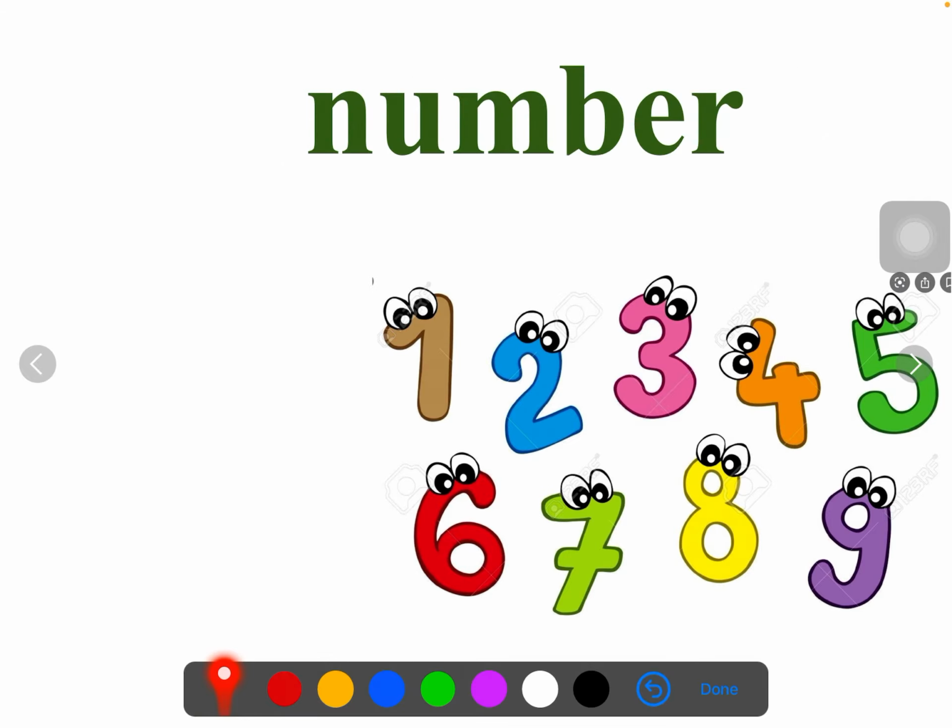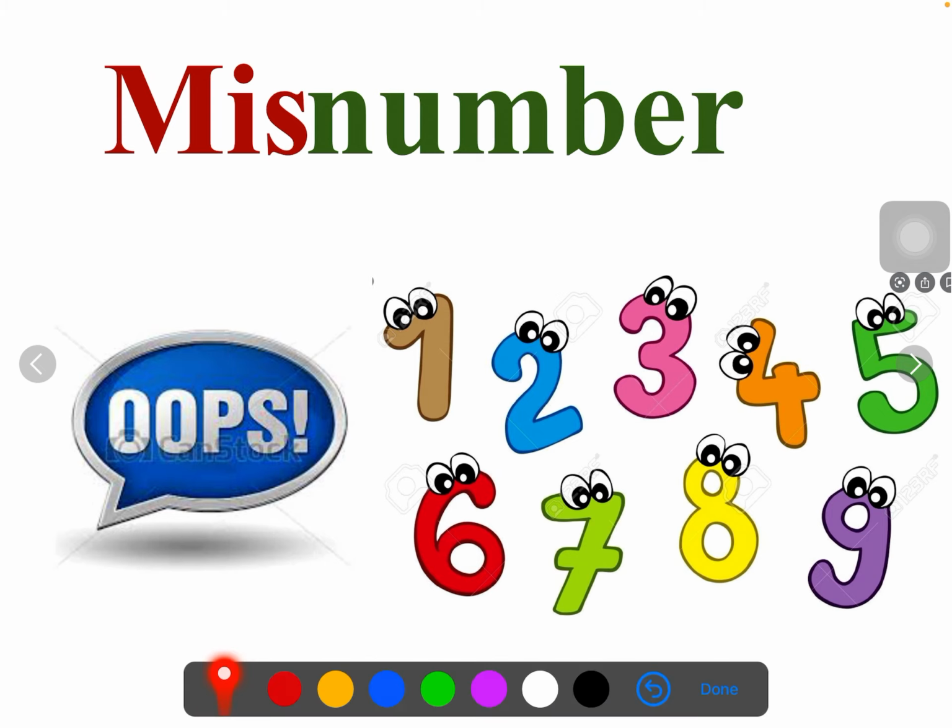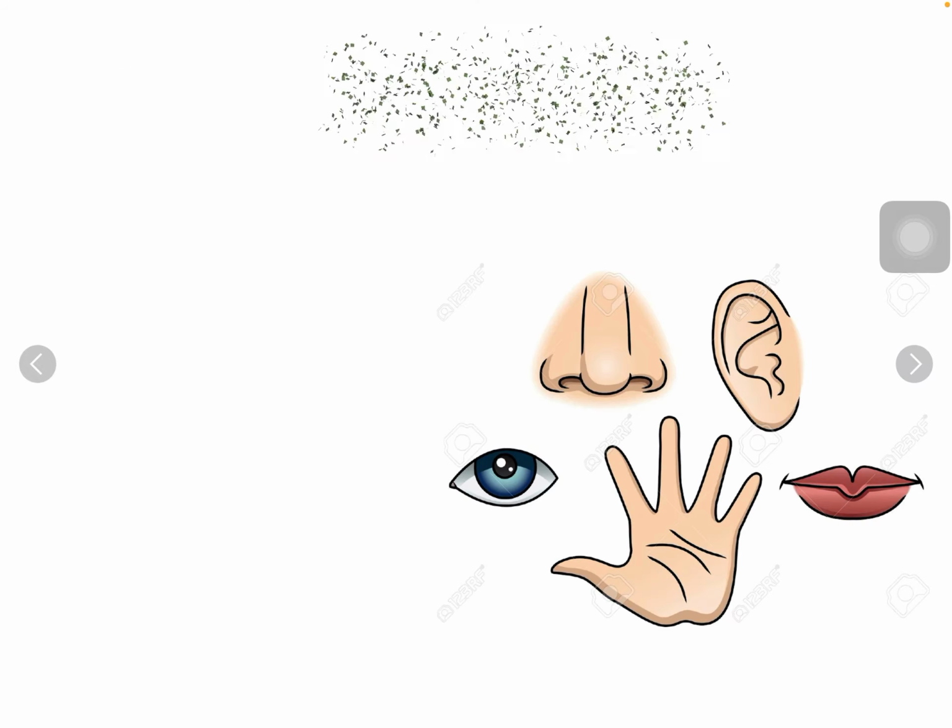Number, as you see in the picture, but by adding the prefix, misnumber means, yes, when you make a mistake, or for example, you ask or you take a number which is not correct, so this is misnumber.